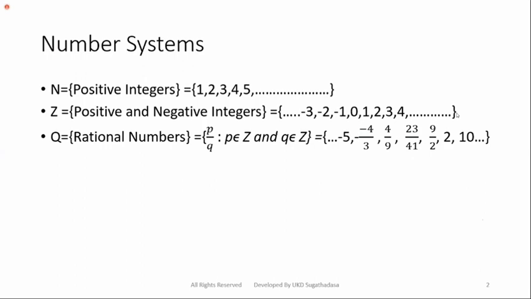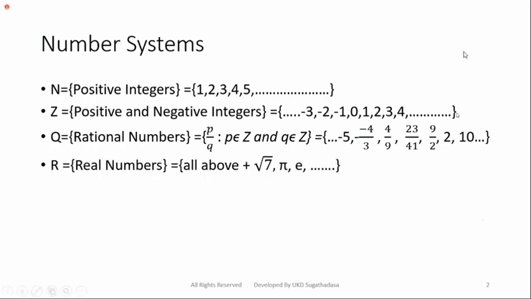Some examples are given: minus 5, minus 4 by 3, 9 by 4, 23 by 4, 9 by 2. All such numbers we simply call rational numbers, numbers that can be expressed as P divided by Q.